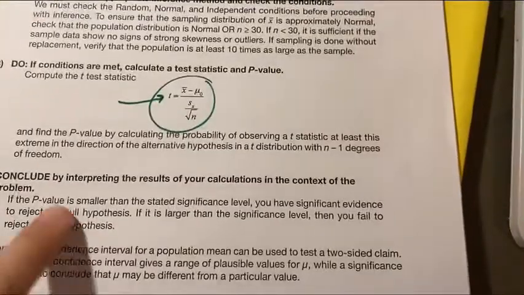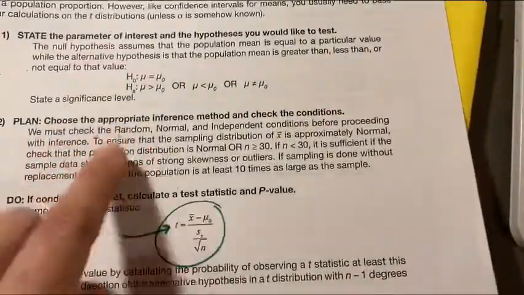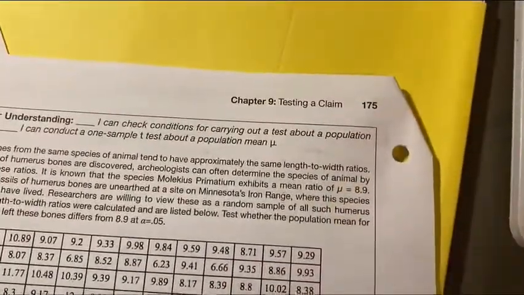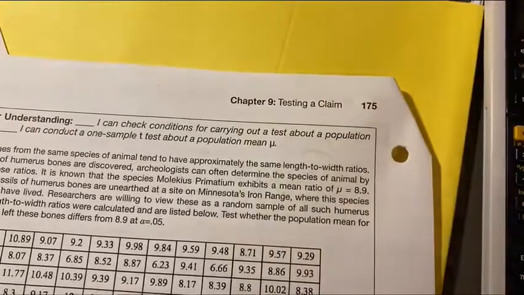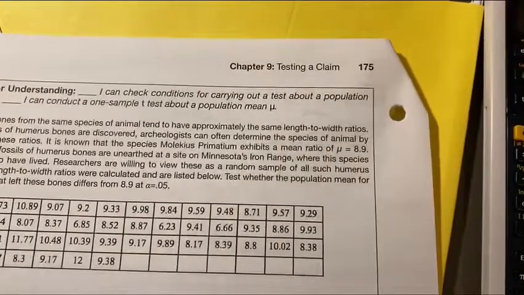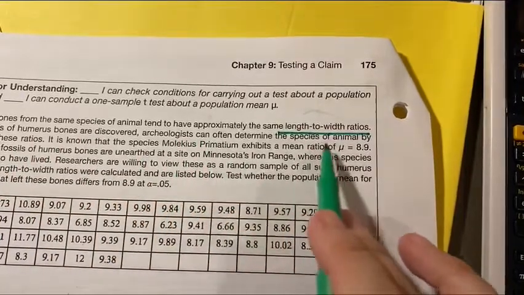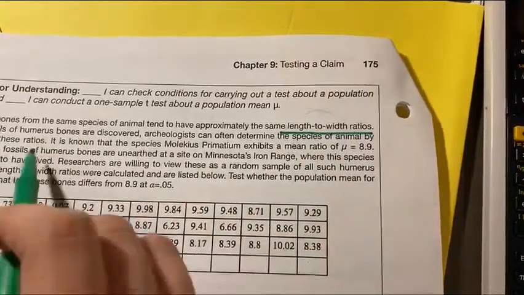Now, the conclusions and mostly the plans are the same, and the rest are somewhat the same. There's a slight nuance between the two, so let's do it. Humerus bones from the same species tend to have approximately the same length to width ratios. We collected these bones and discovered that the species had these ratios.